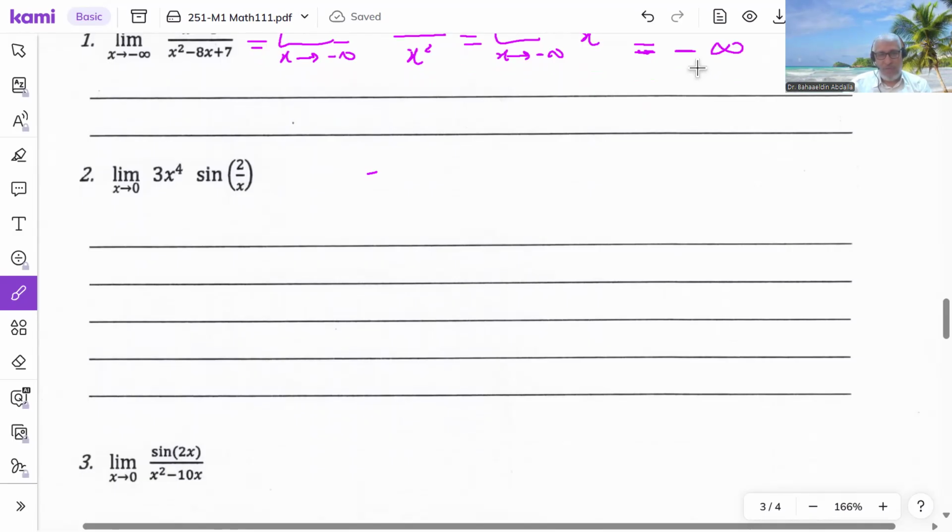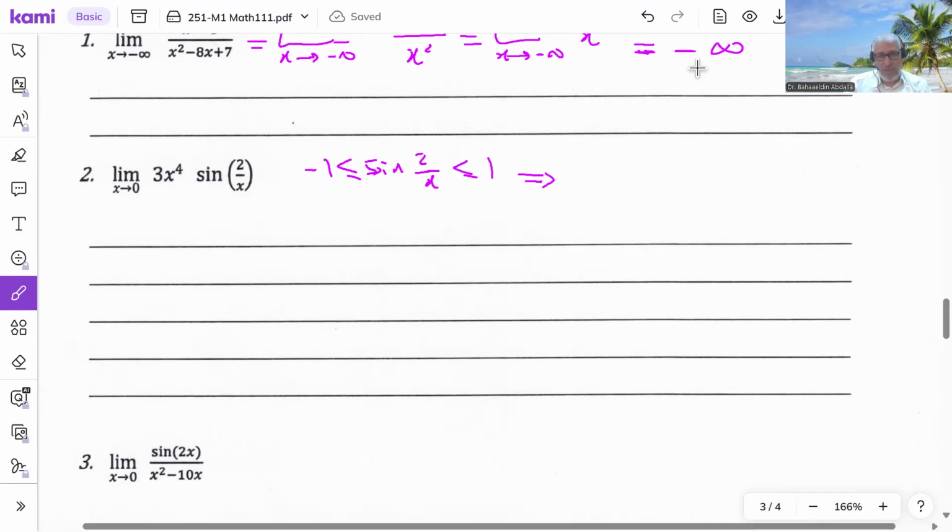We have sine of 2 over x. Any sine is always between -1 and 1. And to have this function between two functions, I multiply all the terms by 3x to the power 4.